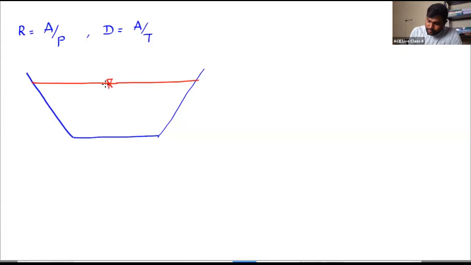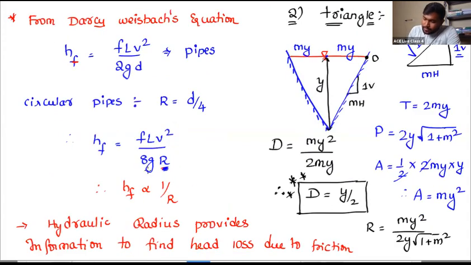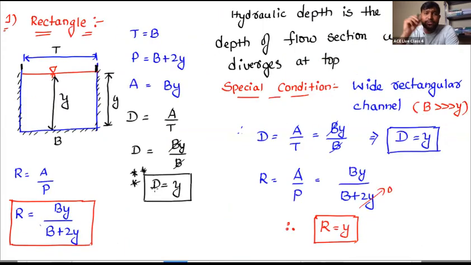And now what I'm going to do is, I want to find out the range of the hydraulic depth. You tell me what is the hydraulic depth in a rectangle. In a rectangle, it is going to be D is equal to y. The average depth of flow is going to be y in a rectangle. Do you think that the average depth can be more than y?